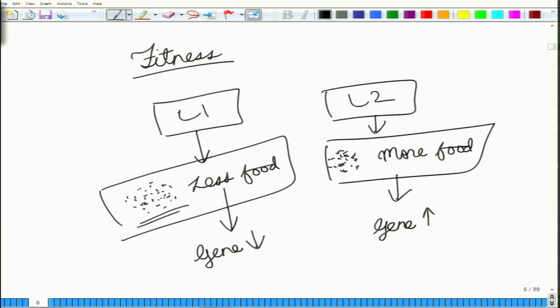Through generations, more and more of the L1 kind of genes will be removed, and more L2 kinds of genes will increase in the gene pool. So there has to be some correspondence between the amount of food and the number of eggs that a particular organism or population is laying.